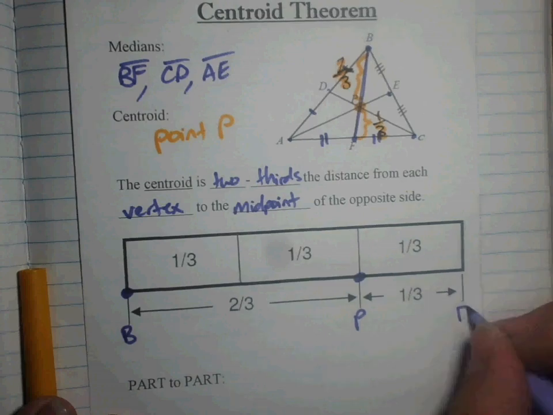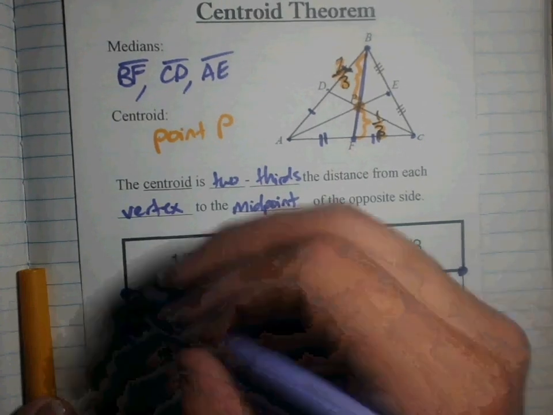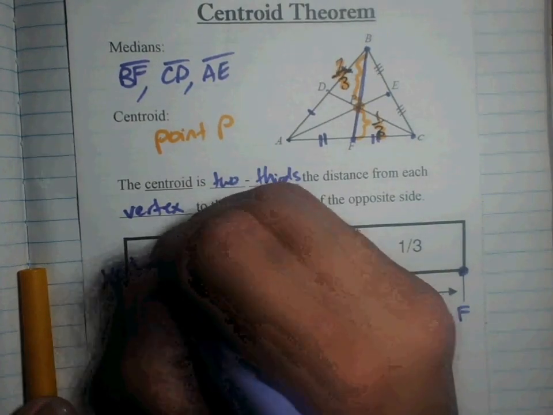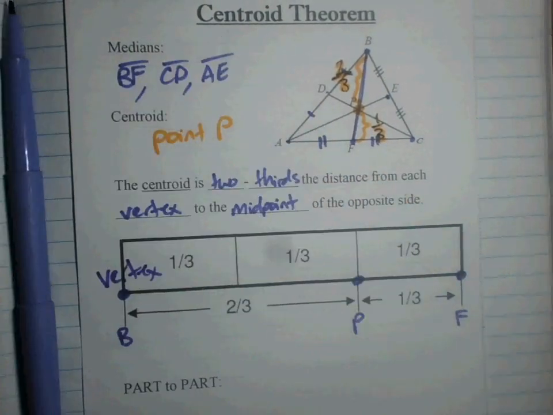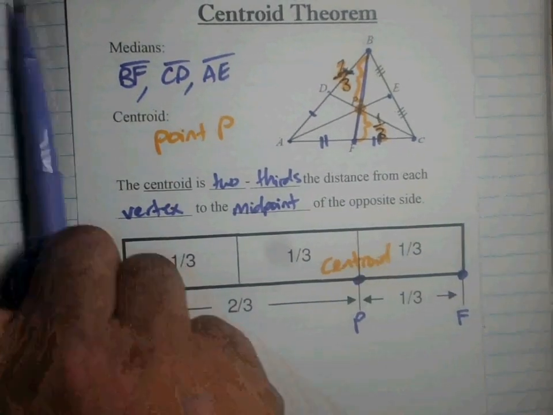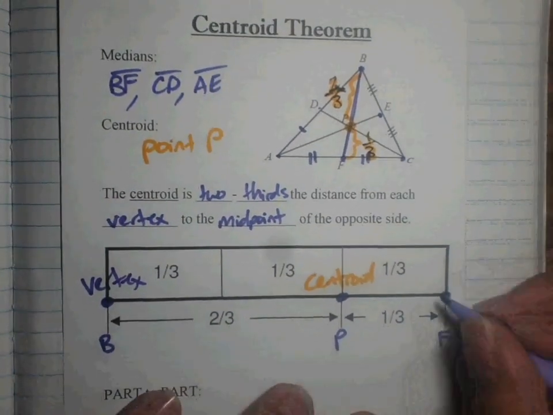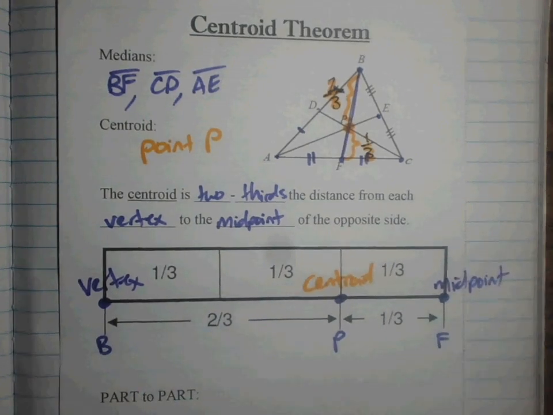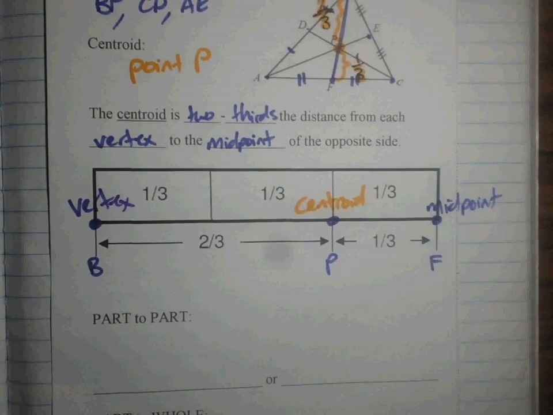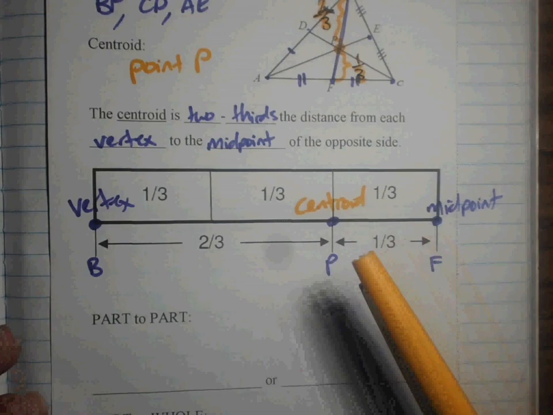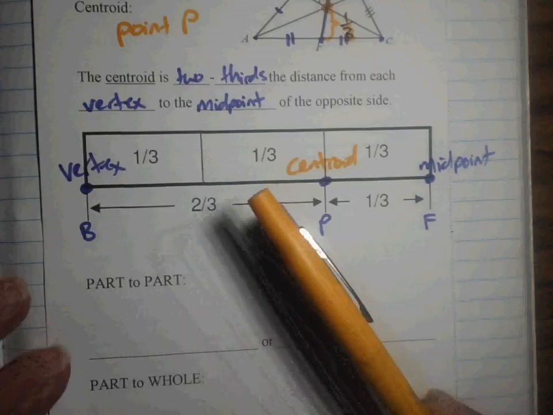Here we have any vertex, then our centroid, and then the midpoint. When we get to the actual examples, it'll make more sense when we can put numbers to it.